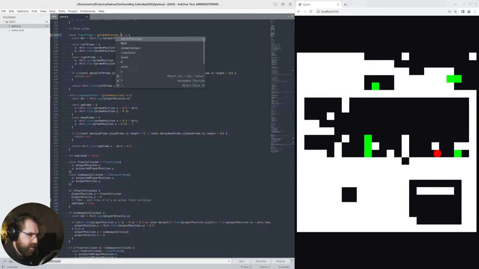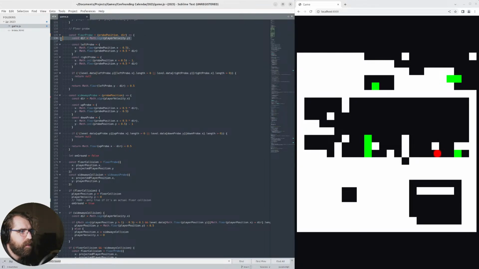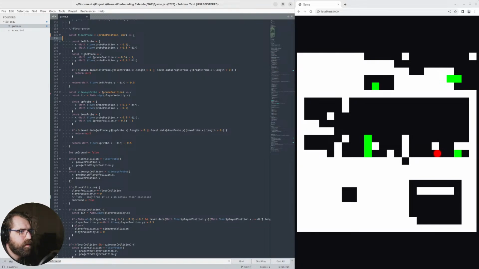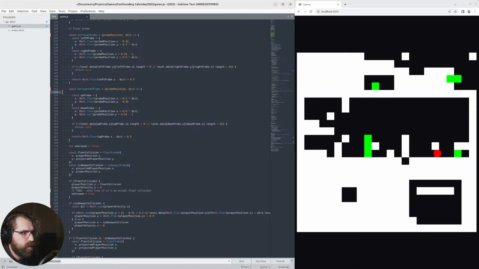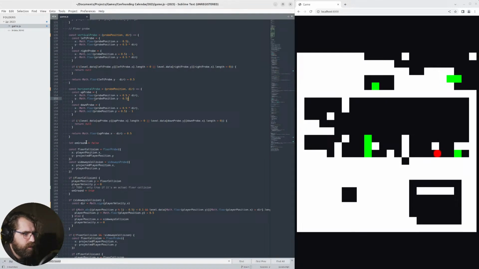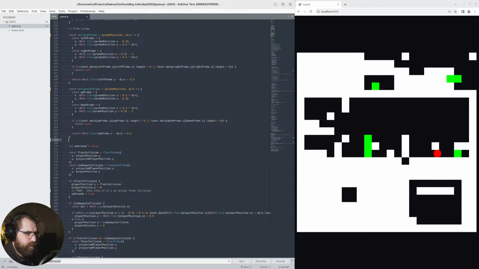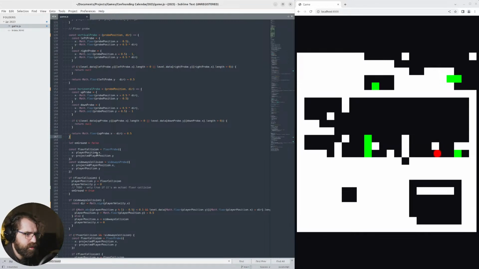So I can just pass dir in here. So this is like a vertical probe, horizontal probe. That's also going to take a dir. And then let's just probe every direction.